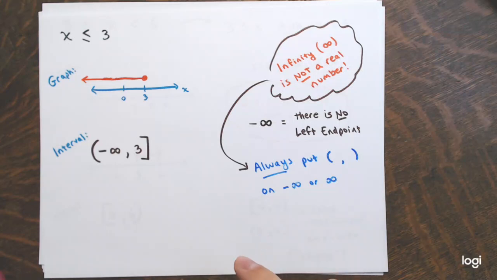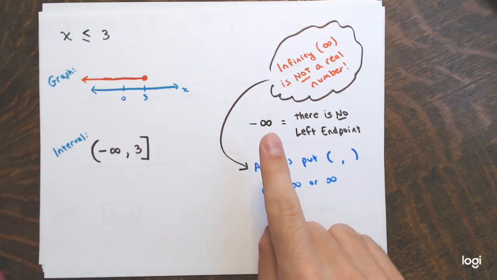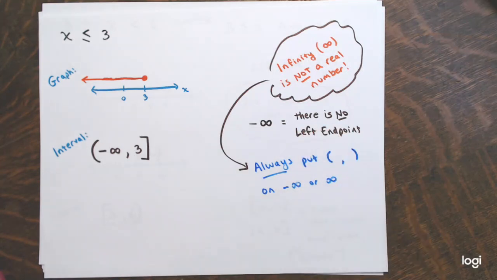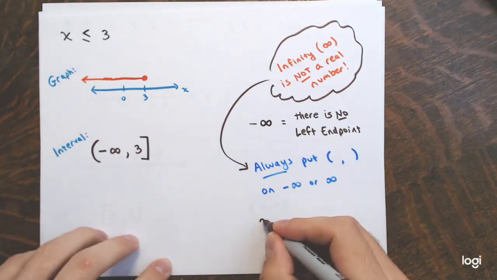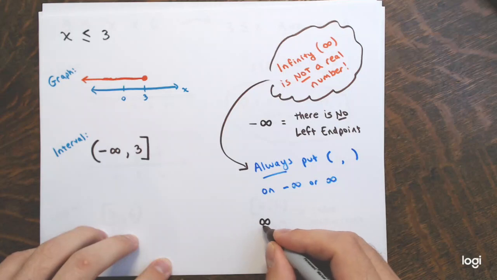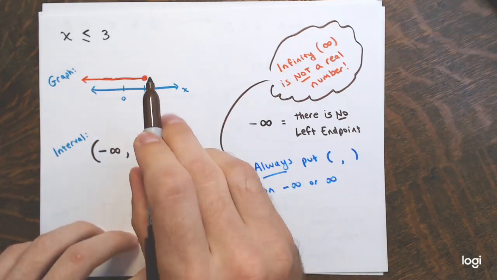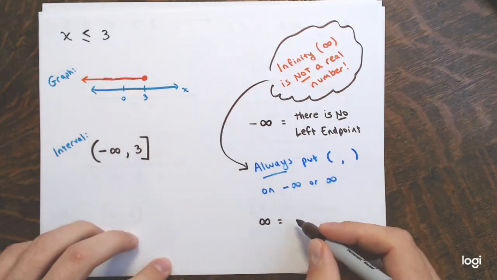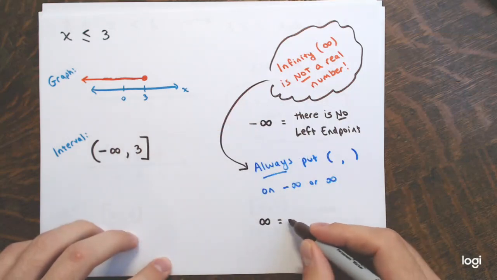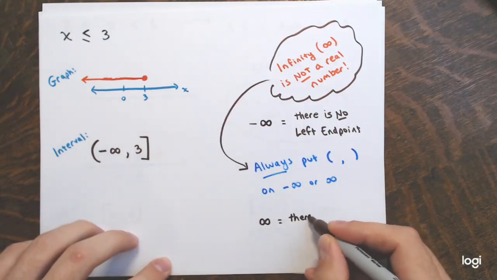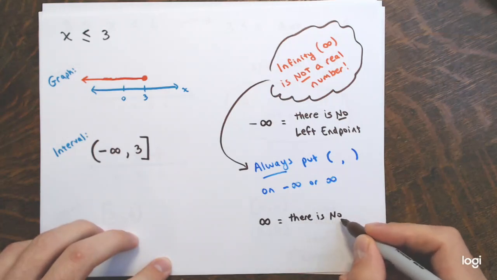And I guess one other thing too, if negative infinity points out that there's no left endpoint, positive infinity, or just infinity, would be used on the right endpoint. If you had solutions going to the right forever, you would use this symbol, just the positive infinity, to indicate there is no right endpoint.